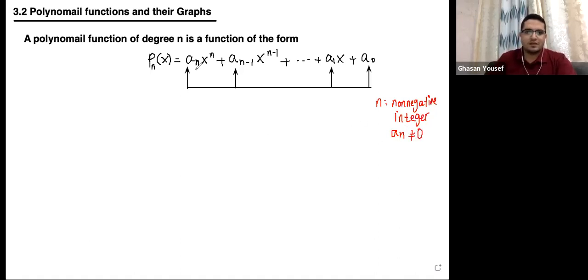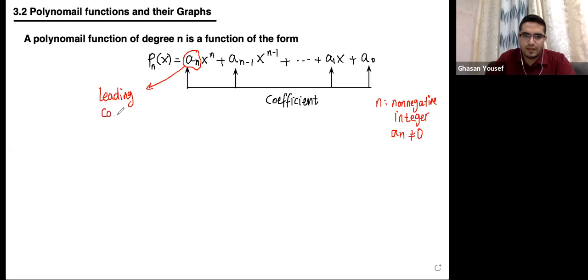Okay, so a_n to a_0, all of them are called coefficients. This a_0 is called the constant coefficient. And here a_n is called the leading coefficient. Only this a_n is called the leading coefficient.